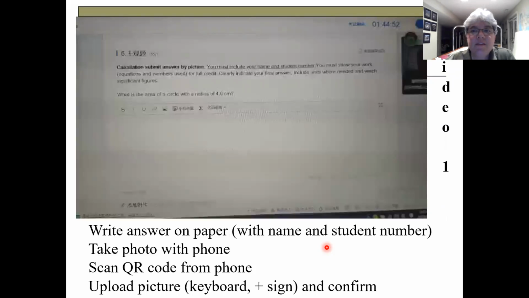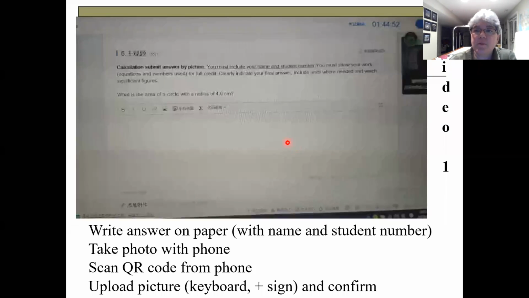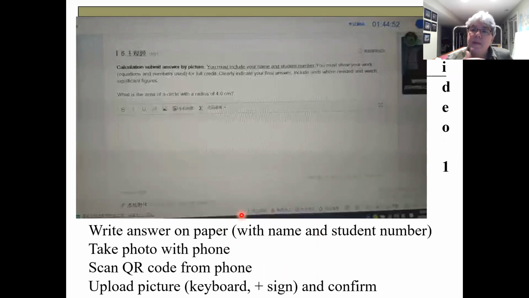One of the Chinese teachers actually made a video to show you how to do that. This is going to show you in Rain how you can use your phone to upload the picture right onto your computer. You're going to use this button right here to do that. So here's the video.